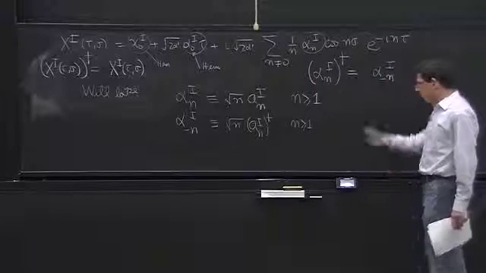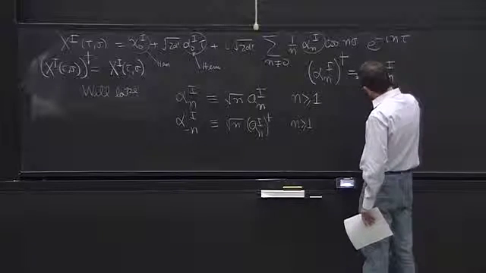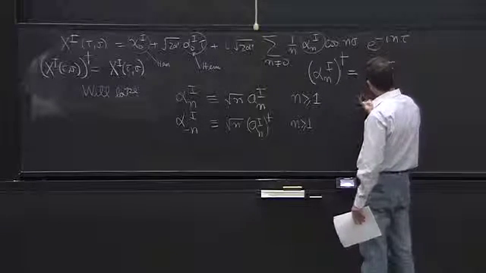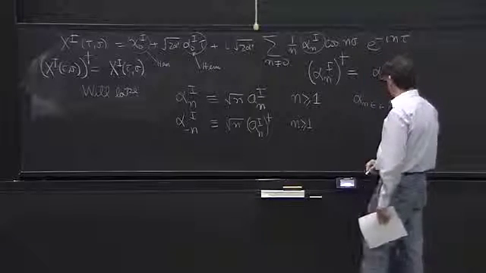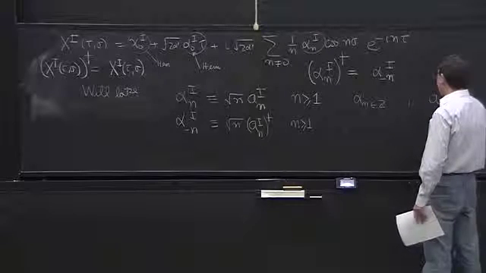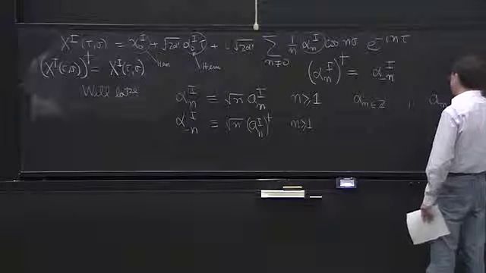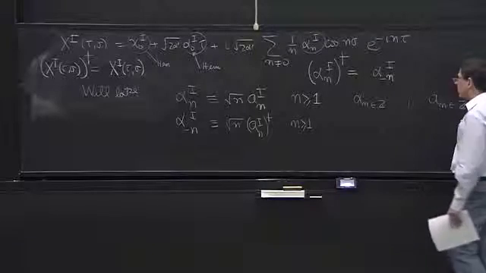So the thing that you should notice is that when you work with alphas, the n's belong to Z, all integers. When you work with a n's, or a n daggers, the n's belong to Z plus, the positive ones.